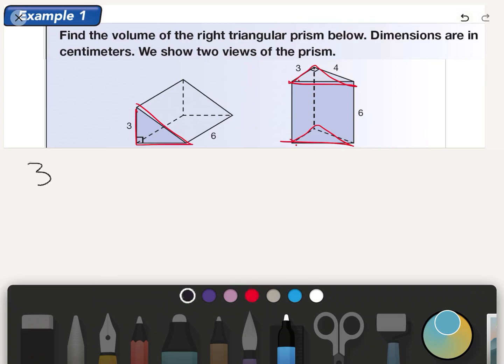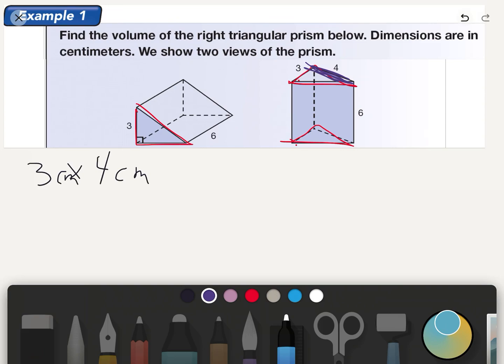So for doing that, start out with, and we're doing this in centimeters, 3 times 3 centimeters times 4 centimeters. That's our side here.